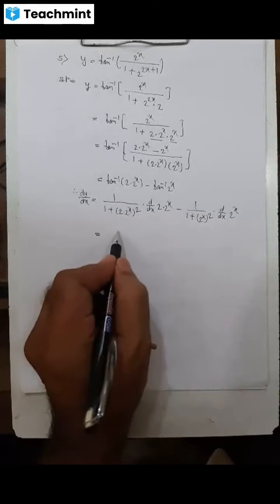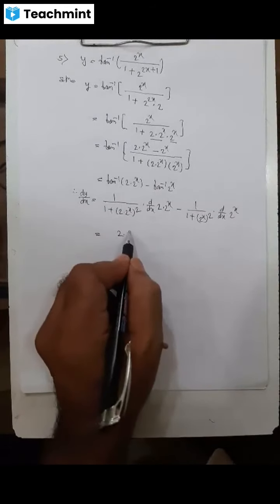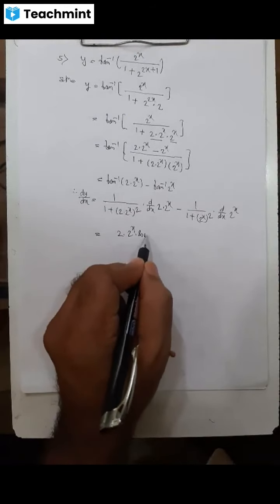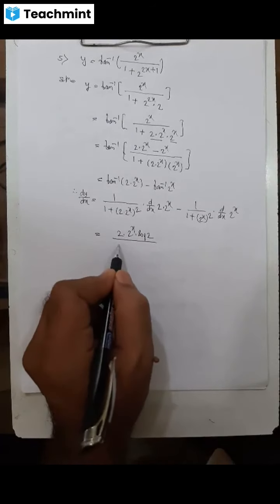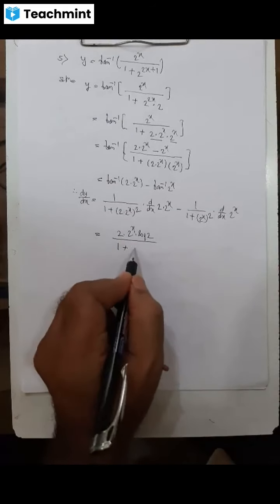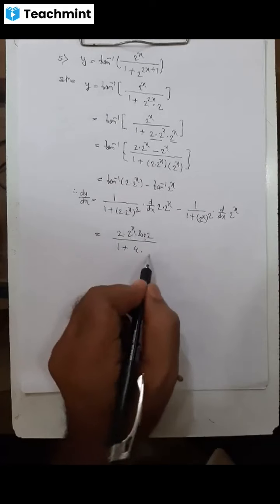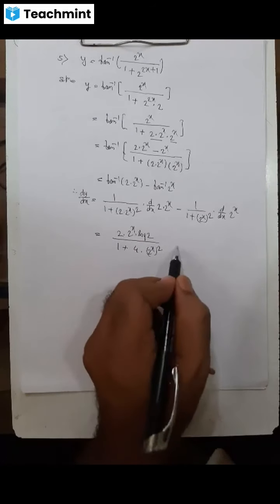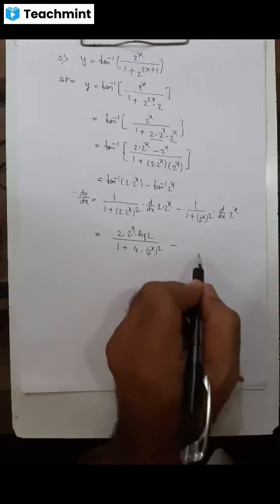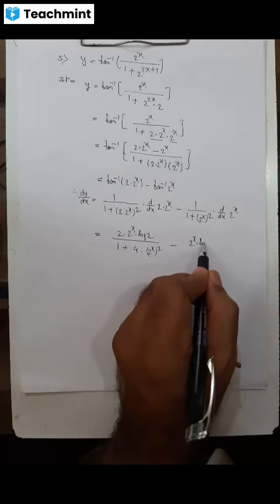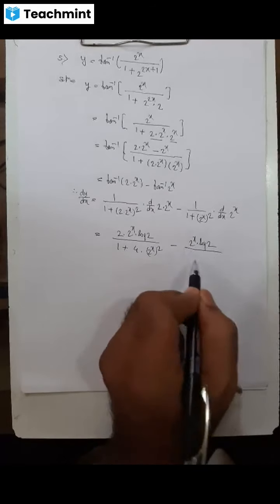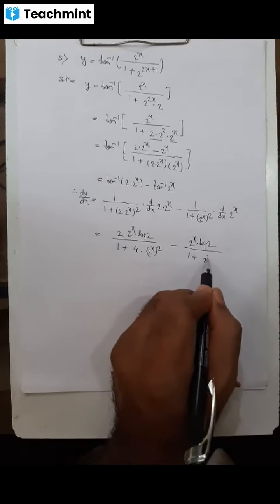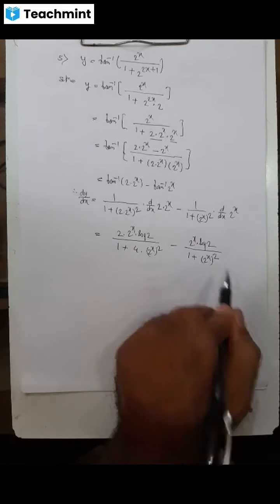So 2 constant, derivative of 2 to the power x is same into log 2 standard formula, denominator 1 plus 2 square 4 into 2 to the power x square, right? Minus derivative of 2 to the power x, 2 to the power x into log 2 divided by 1 plus 2 to the power x square.